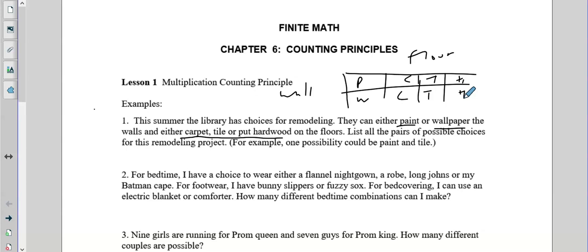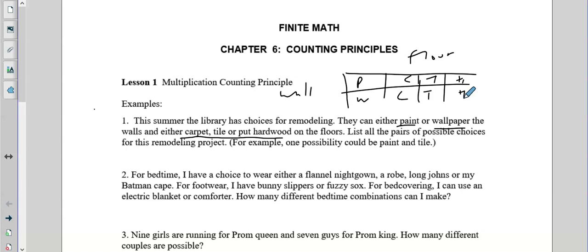But basically, you have two choices. First off, you're going to either paint the walls or wallpaper the walls. So that's two choices. But with each of those two choices, you have three choices. You can do paint with carpet, paint with tile, or paint with hardwood. And then you could do wallpaper with carpet, wallpaper with tile, wallpaper with hardwood.